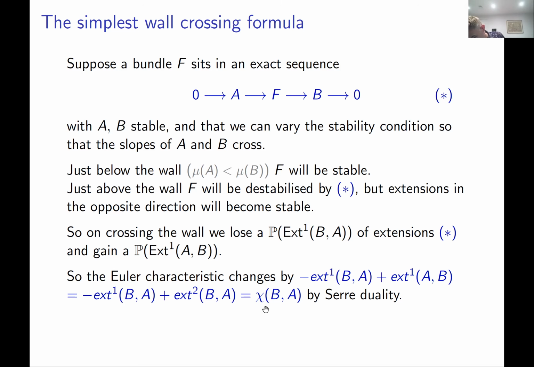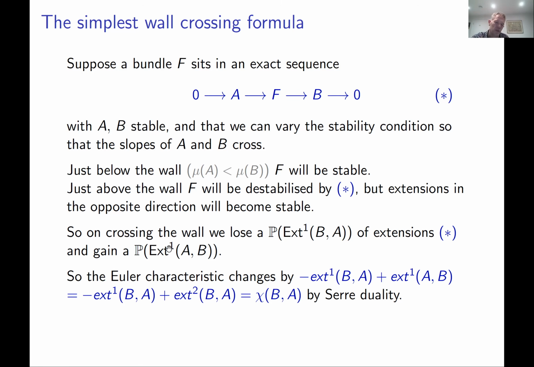And that's given by what's called a Mukai pairing between B and A. That's the integral of the Todd class of X against the Chern character of A times the Chern character of B dual. So this is topological. So the change in the Euler characteristic of the moduli space, we can control. It's entirely topological.